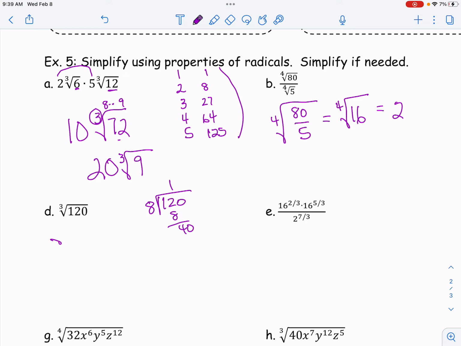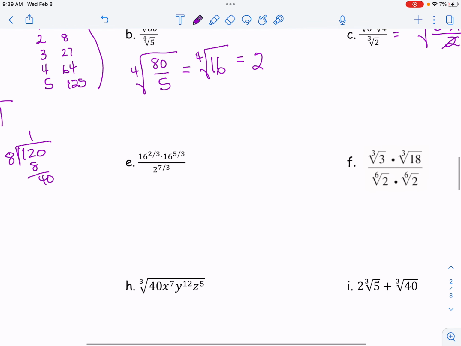$15. So the cube root of 8 times 15 would be 2 cube root 15. All right, since the bases are the same, I can add my exponent. So this is going to be 16^(7/3) over 2^(7/3). Okay, I'm going to make my bases the same.